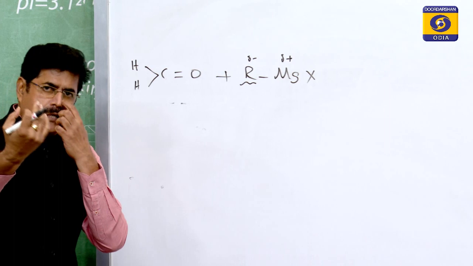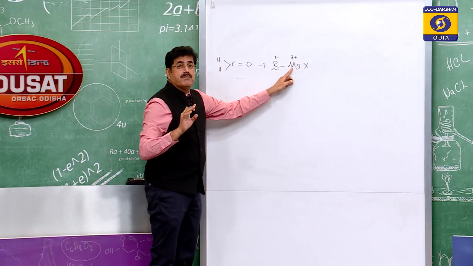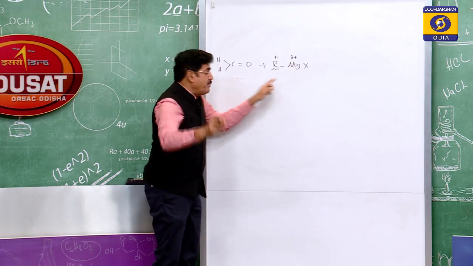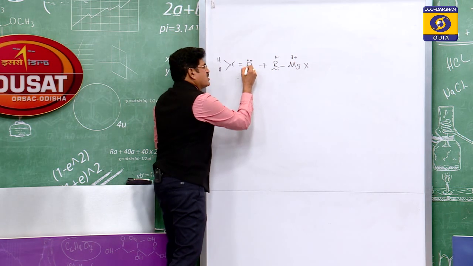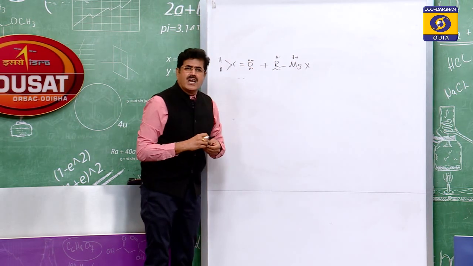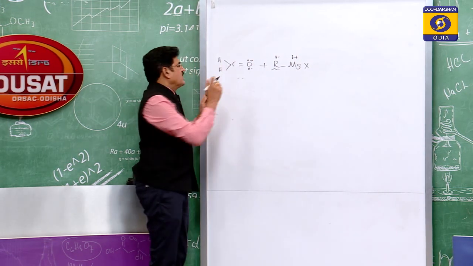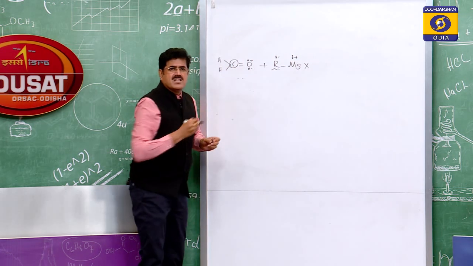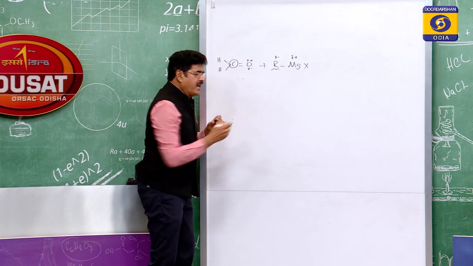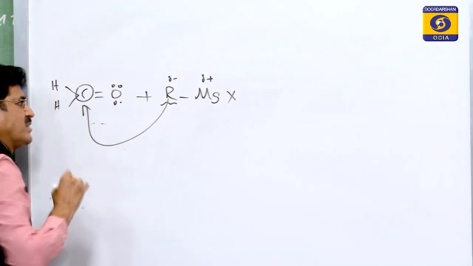As already shown in the mechanism, magnesium, as it acts as a Lewis acid, forms an acid-base complex with the basic oxygen of the carbonyl group. Why is it basic? Because it has an electron pair. So, it forms a complex which decreases positive charge density over the carbonyl carbon.